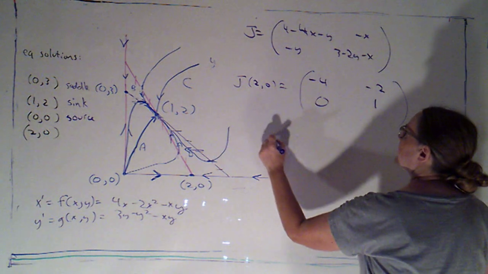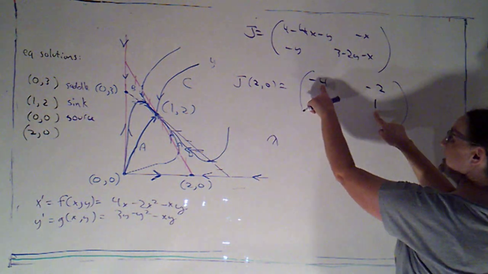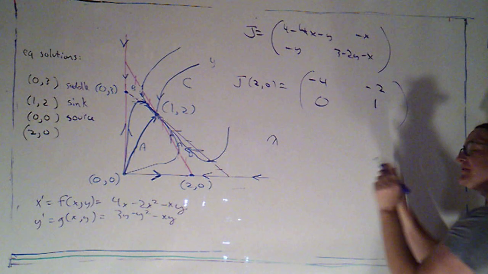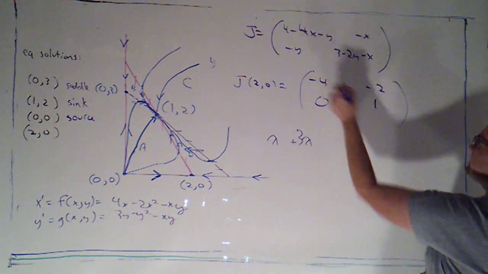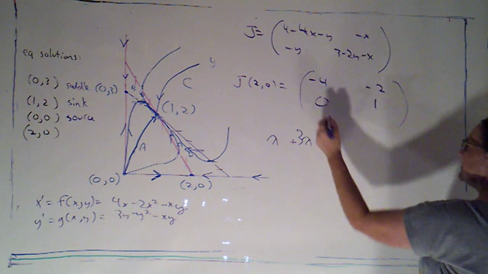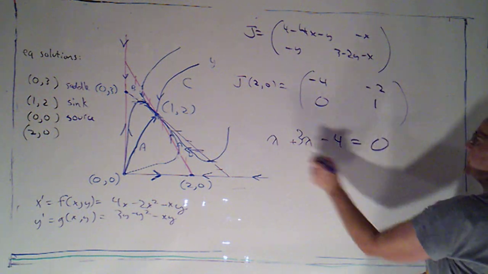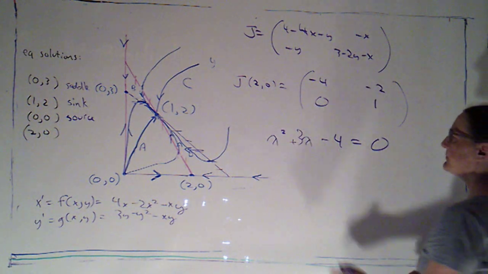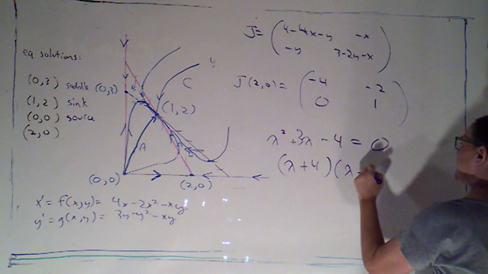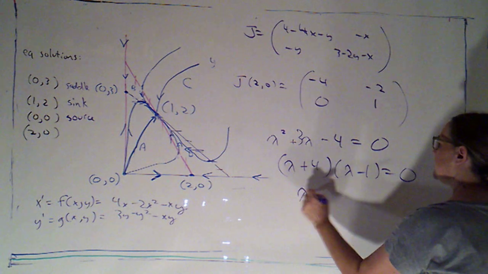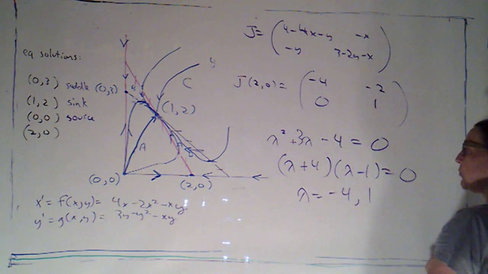So the characteristic equation is lambda squared. My trace is negative 3. So minus the trace times lambda is going to be plus 3 lambda. The determinant is negative 4 minus 0, so minus 4. Oops, that should be a lambda squared. So let's see, that's a lambda plus 4 times a lambda minus 1 equals 0. Lambda is equal to negative 4 or 1.